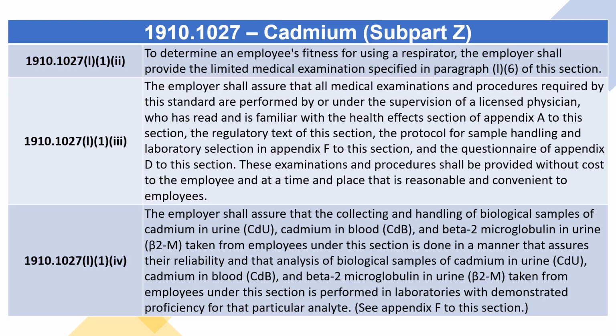1910.1027(l)(1)(ii) To determine an employee's fitness for using a respirator, the employer shall provide the limited medical examination specified in paragraph (l)(6) of this section. 1910.1027(l)(1)(iii) The employer shall assure that all medical examinations and procedures required by this standard are performed by or under the supervision of a licensed physician, who has read and is familiar with the health effects section of Appendix A to this section, the regulatory text of this section, the protocol for sample handling and laboratory selection in Appendix F to this section, and the questionnaire of Appendix D to this section.